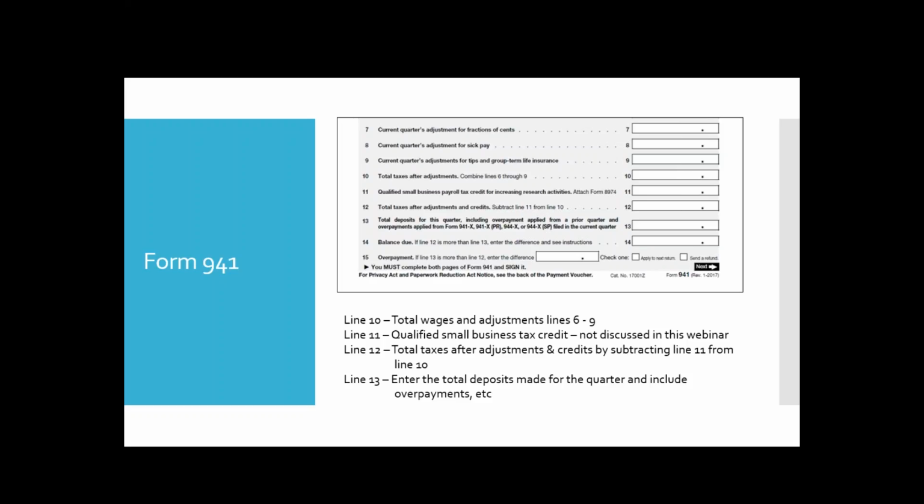And on line 13, enter the total deposits you made during the quarter. And this should include any overpayments you made for any reason. Maybe you had money to apply from a previous quarter or as a result of a 941X that you had filed.